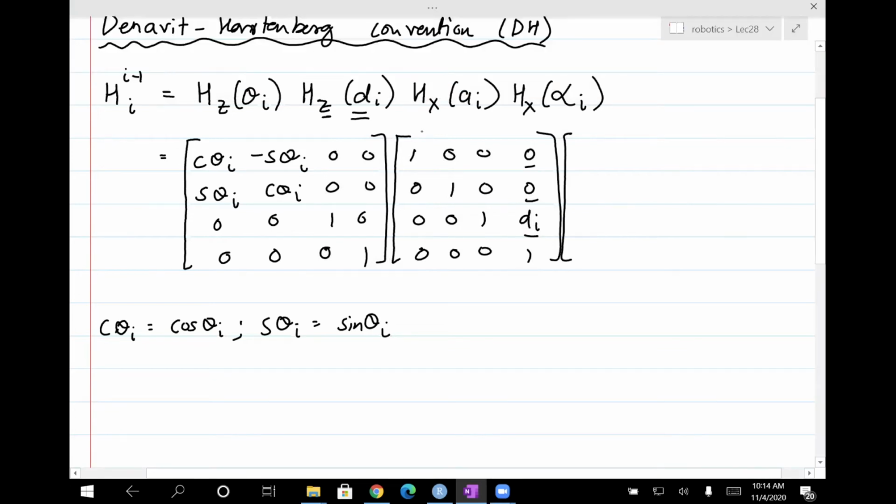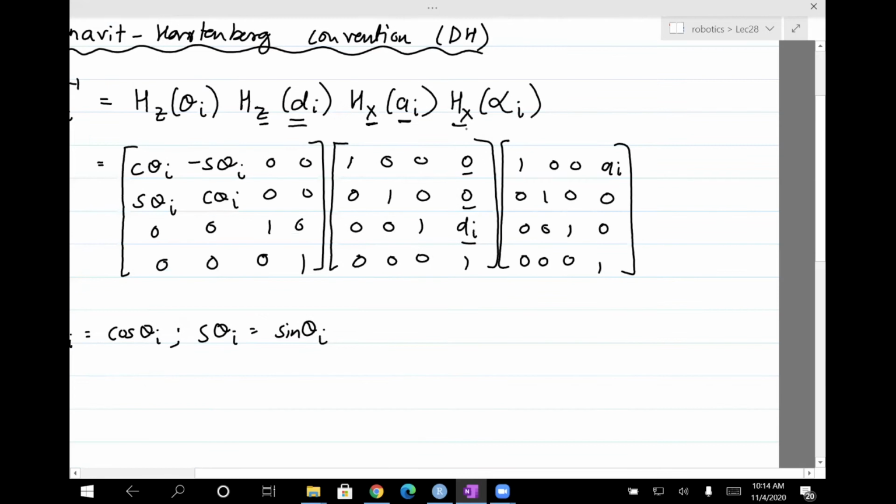Let's continue with the third transformation, the translation along the x-axis by distance a_i. All I need to do is go to the fourth column and write a_i for the x element, and then 0, 0. And the last row is simply 0, 0, 0, 1.